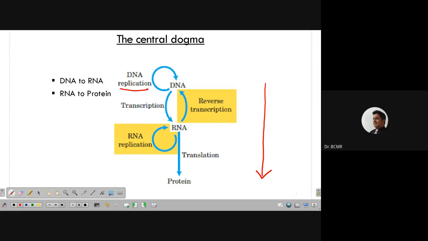One thing, of course, is DNA replication. Of all these things, DNA replication is the top, first priority. If DNA replication is not there, the cell will be as such.